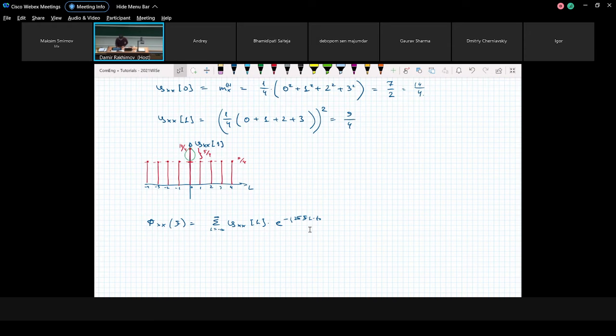And what happens with this part? If we take the inverse Fourier transform of discrete pulses, we get a delta pulse at 0. And then if we take only one discrete pulse and calculate the Fourier transform, we already did it before. What do we get?